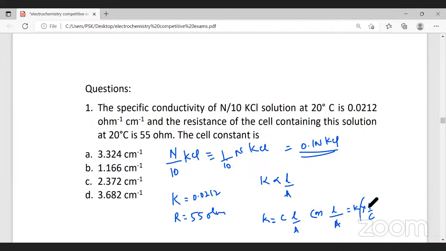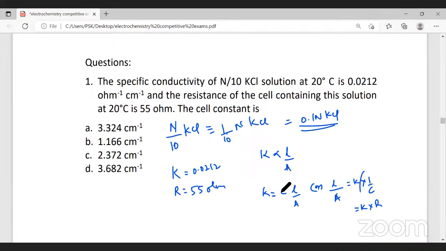Now 1 by C, the inverse of conductance, is called resistance. That is specific conductance into R. C is not concentration here. It's conductance here. So the inverse of conductance is called resistance. So specific conductance, we know, is 0.0212.